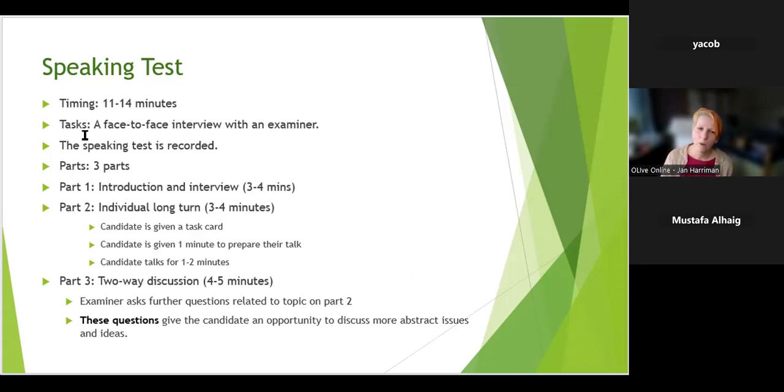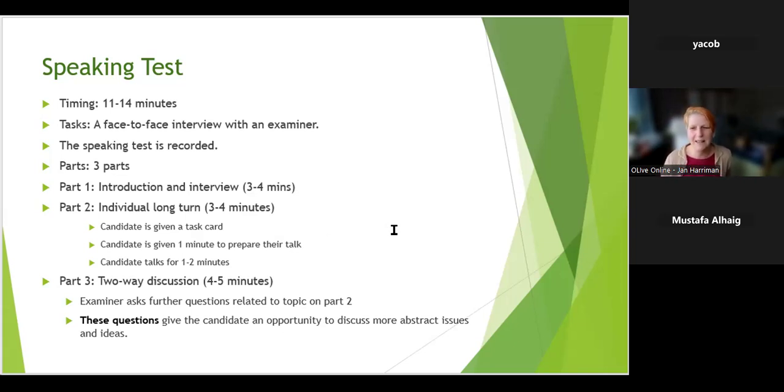So for answers in the first part, you want to give a short answer with a slight extension. And that shows your grammar ability. The second part is an individual long turn. People say you have to give a talk or you have to talk on a subject. And I'll tell you the secret to part two: tell me a story. Make it personal.